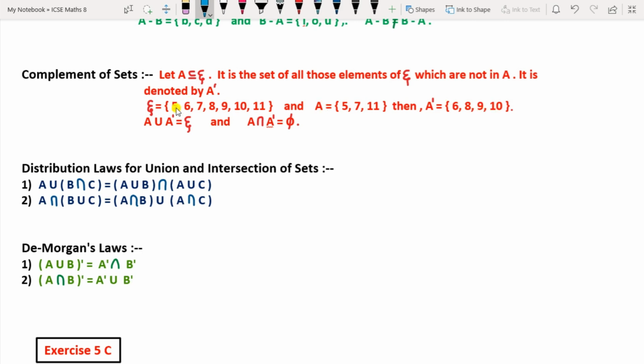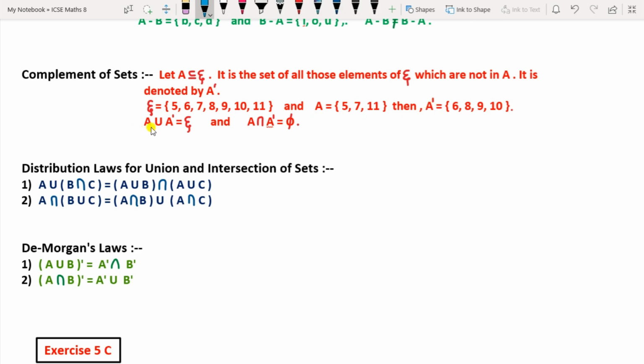You can see 5, 7, 11 are in set A. The remaining ones are 6, 8, 9, 10, which are not in A but are in the universal set. Those elements form A dash or A complement.